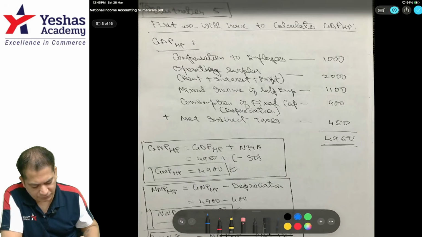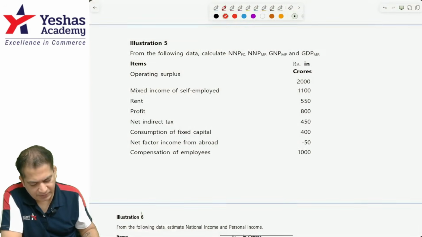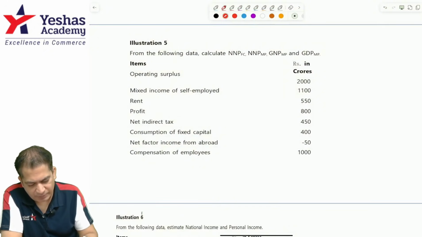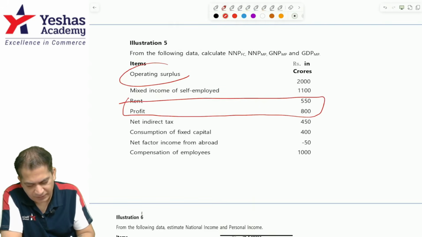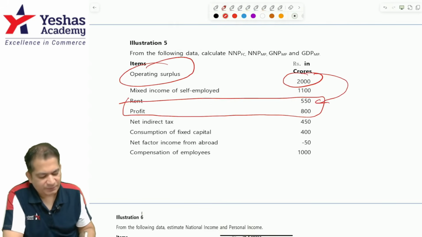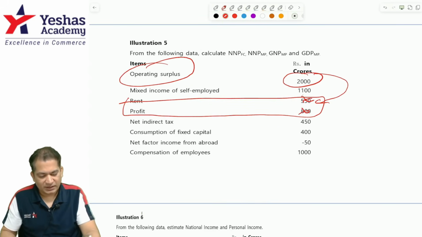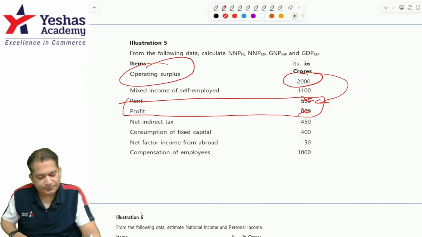First of all, they've given operating surplus and mixed income of self-employed. Now remember, to confuse you, they've also given rent and profit, and they've given operating surplus. So remember, this 2000 includes this 550 and 800. So you cannot take those, otherwise it will lead to double counting.